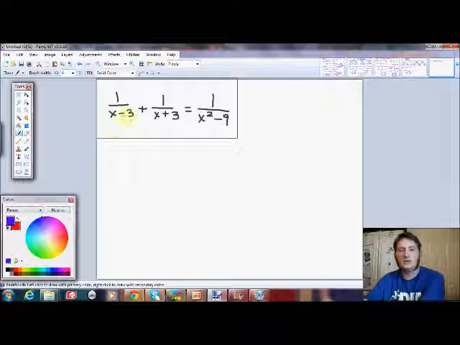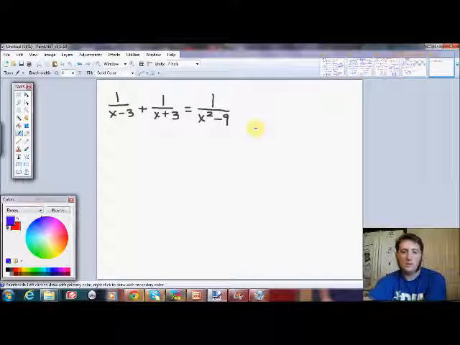Okay, well, first and foremost, let's talk about the denominators. We've got situations here kind of like lesson 5. What could x not equal? Well, x cannot equal 3, because that would make this denominator 0. x cannot equal negative 3.